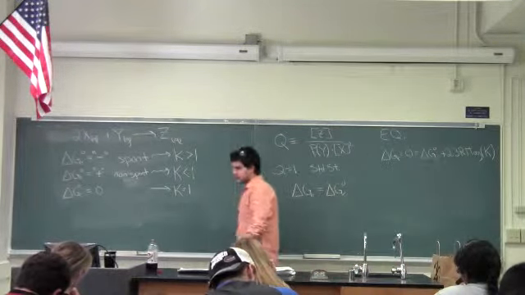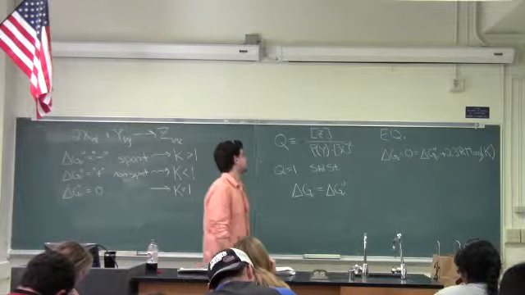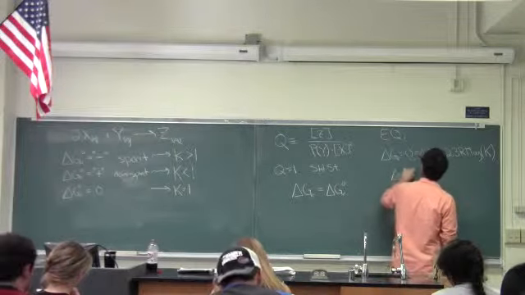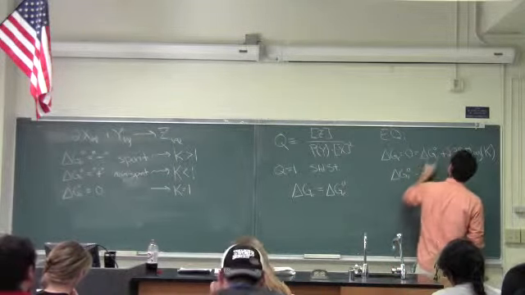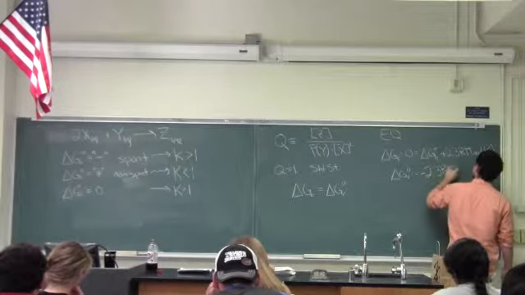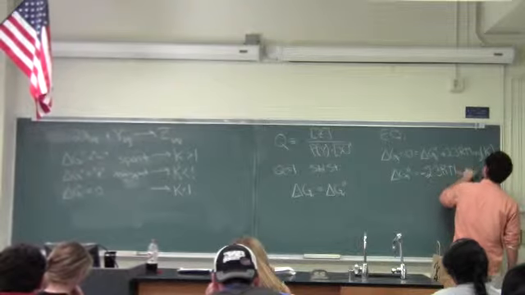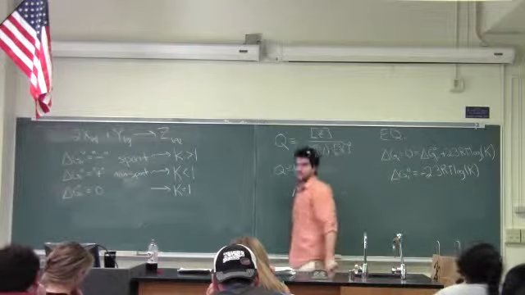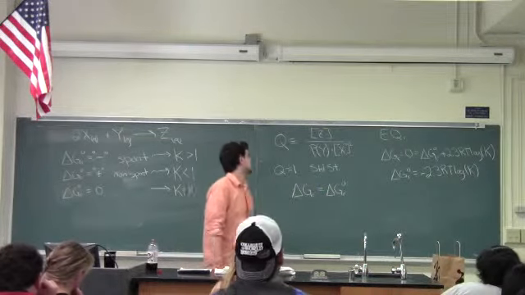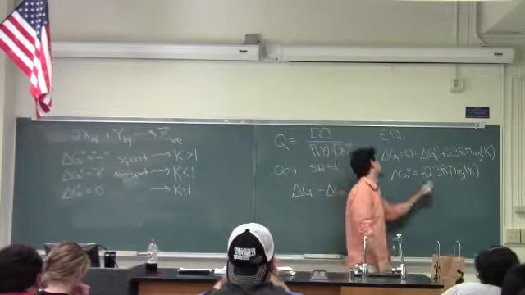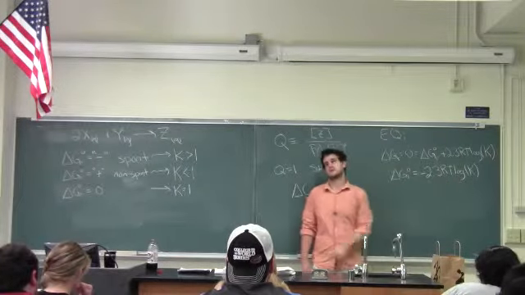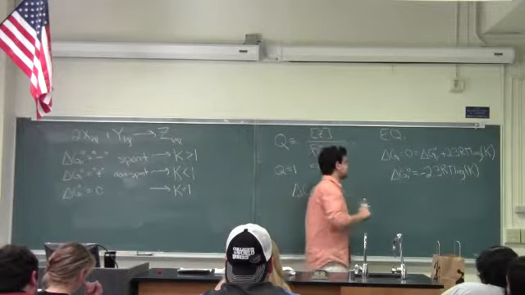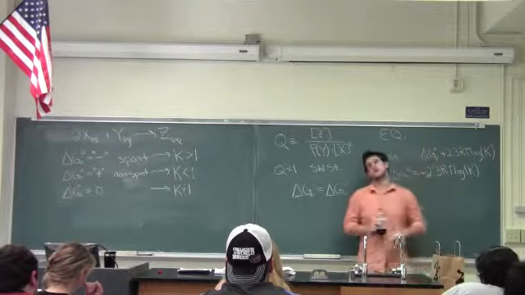So, at equilibrium, rearranging this, we get Gibbs free energy standard state for any reaction at equilibrium is equal to negative 2.3 RT log K, which is really just log Q, but all the values in Q are equilibrium values.